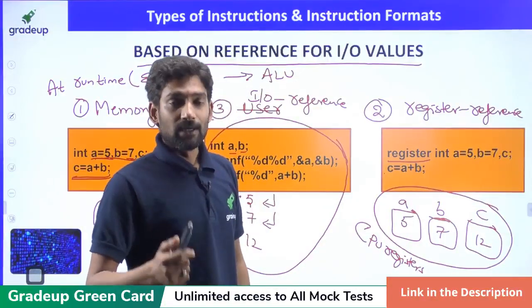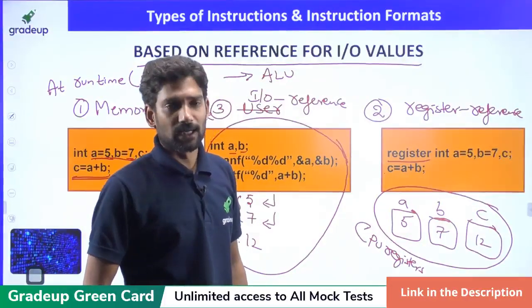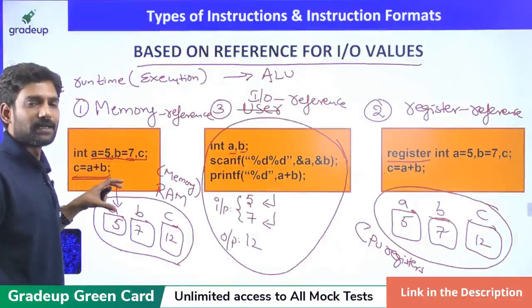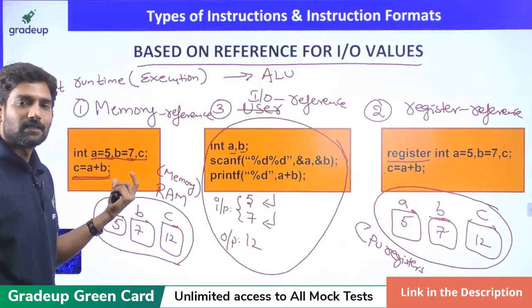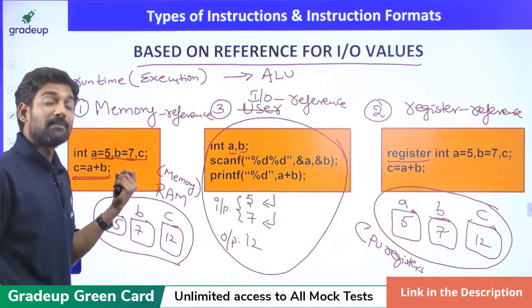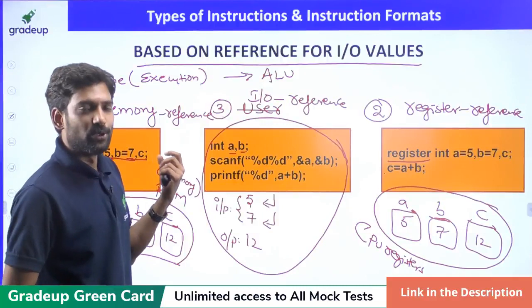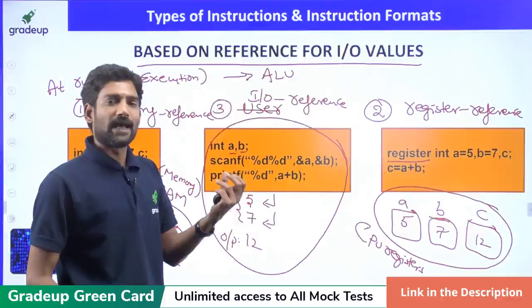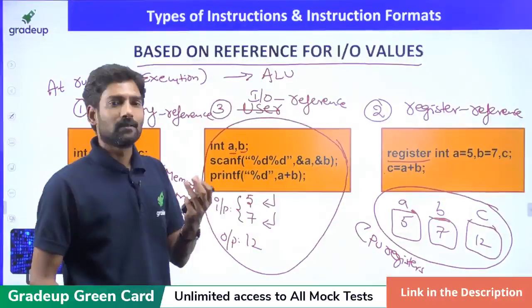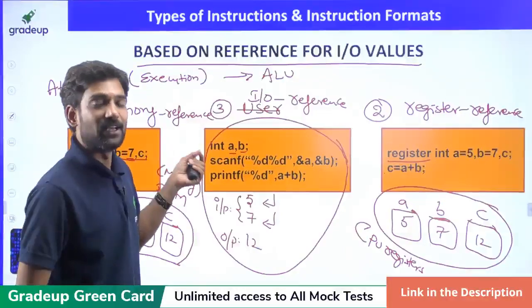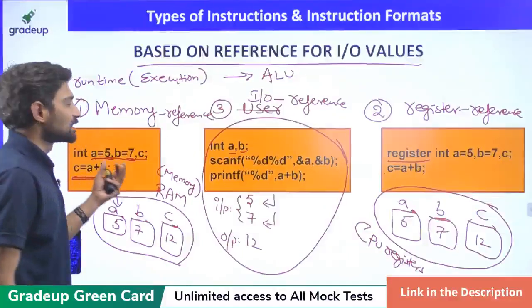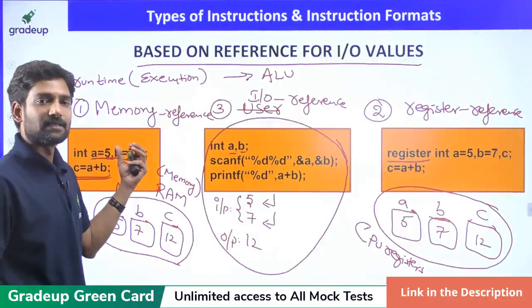So guys, if the operands are memory operands, memory operand means address. I repeat, memory operand means how do you specify an operand in memory? You will give its address. So if the operand is a memory operand, then you can say that the instruction is memory reference.